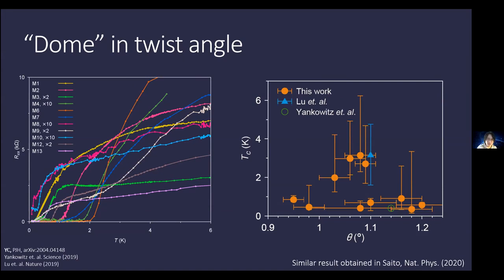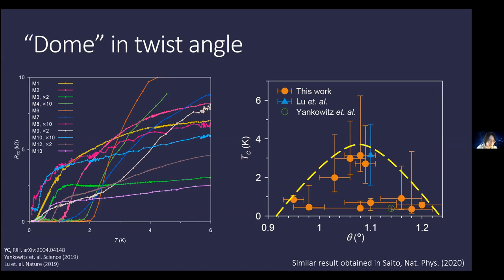Since this is determined at fabrication, we have to measure many samples to get these statistics. From this map, we can indeed find a dome in twist angle as well, which points towards a maximum Tc around 1.1 degrees, in agreement with where the flattest band is predicted to occur.